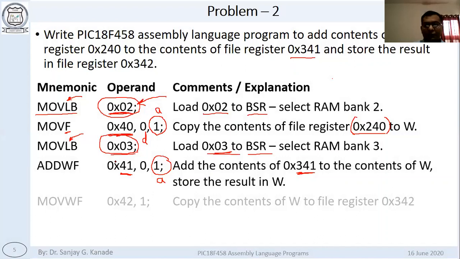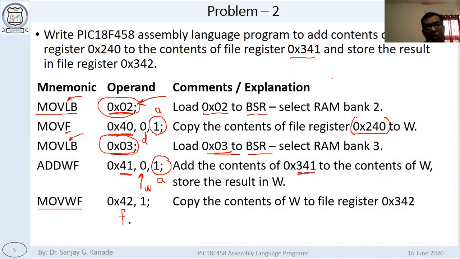And then finally, after the addition, the result is in W, right? And finally, we will use the last instruction, MOVWF. What does it have? F, comma A. A here again is 1, meaning we are going to use BSR. The value of BSR right now is still 3. We have not changed BSR after this instruction.